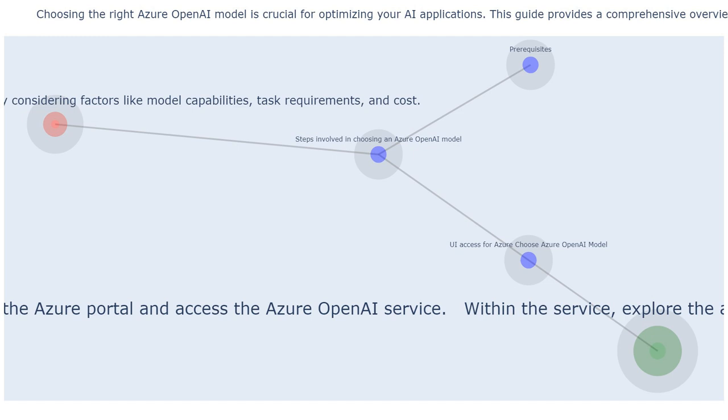This information includes model capabilities, performance characteristics, and cost considerations, enabling you to make informed selections based on your specific project requirements. Azure Portal provides the platform for managing Azure resources and services, offering a user-friendly interface for exploring and interacting with Azure OpenAI models.